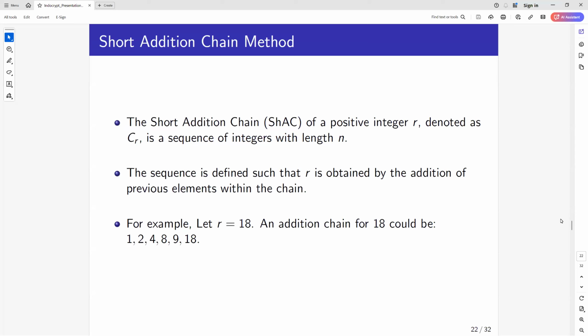Okay, for example, if r equals 18, repetition is allowed. So first one is 1, next one 2. How did we get 2? 1 plus 1. 4, we got 2 plus 2. 8, 4 plus 4. Then 9, we got 8 plus 1. And 18, we got 9 plus 9. So the shortest addition chain will be the one which reaches from 1 to 18 in the shortest length.